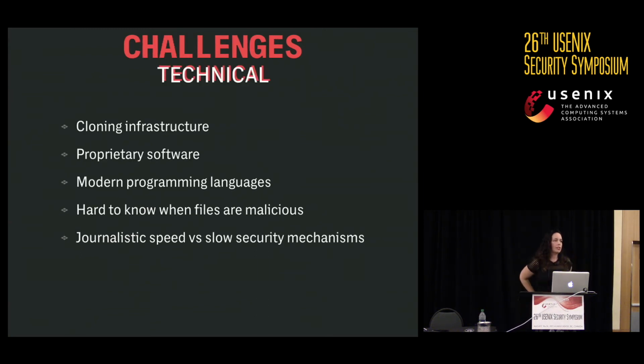And so some of the technical challenges when you're dealing with high security stuff is that, especially if you're working on air gaps, you have to clone so much infrastructure. We have to clone Wikipedia, Stack Overflow. If you've ever tried to work with proprietary software on air gaps, it's almost impossible now because they expect everything to be connected to the internet.